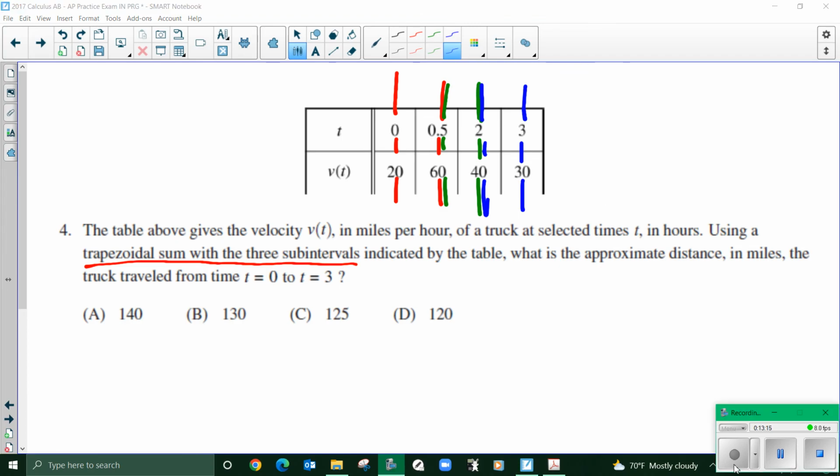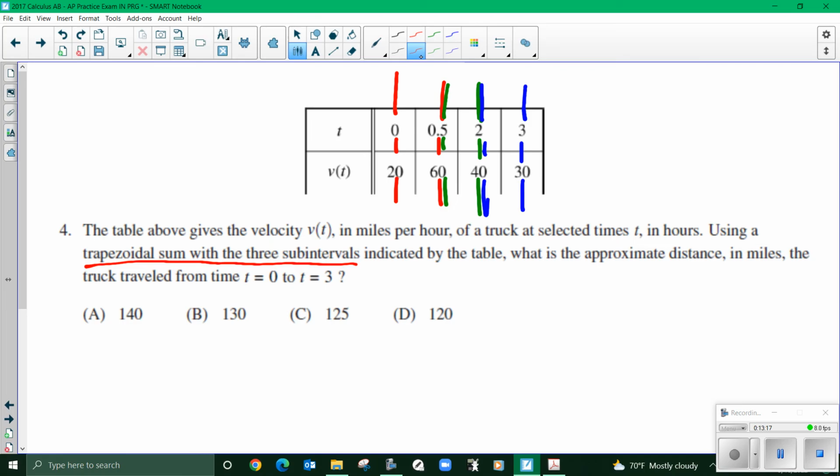Now keep in mind, you don't get the use of a calculator. The trapezoidal rule says I take my width, which is whatever this distance is here, and put it over 2. And I multiply by the sum of all my values within that interval.